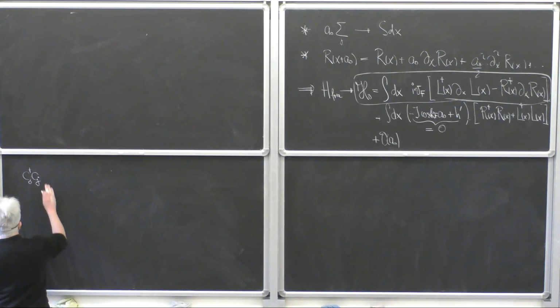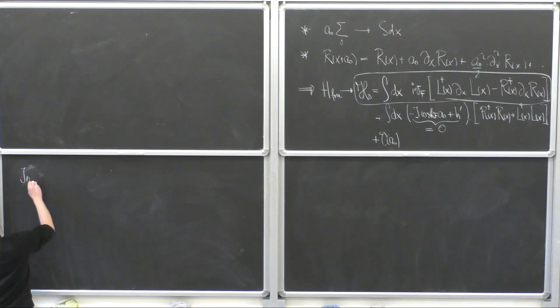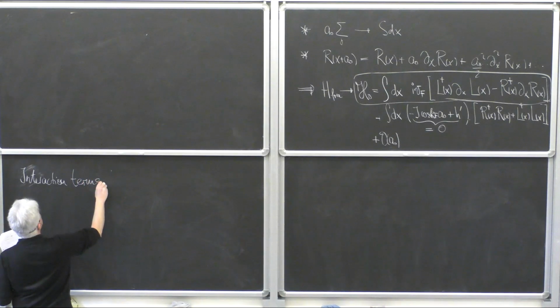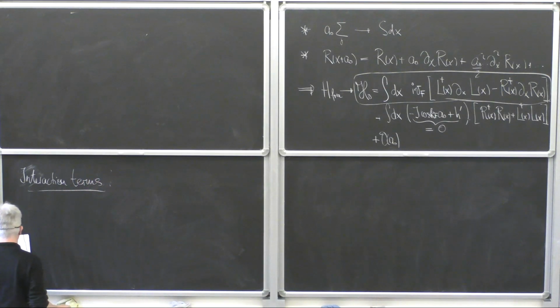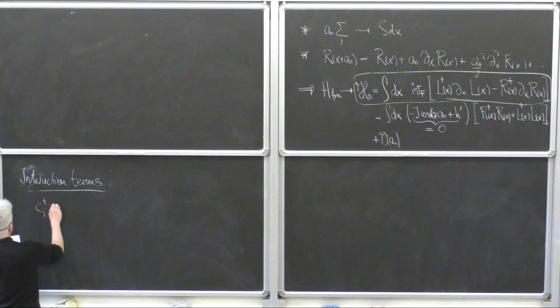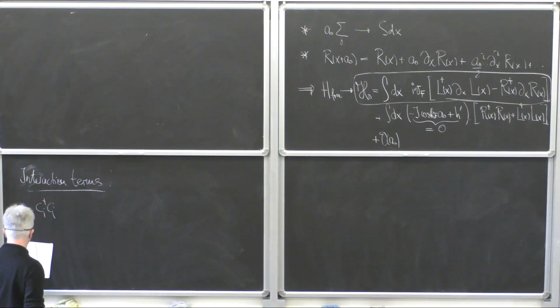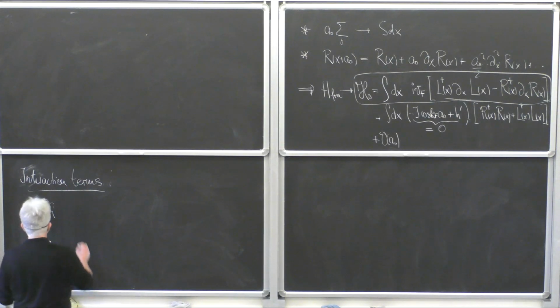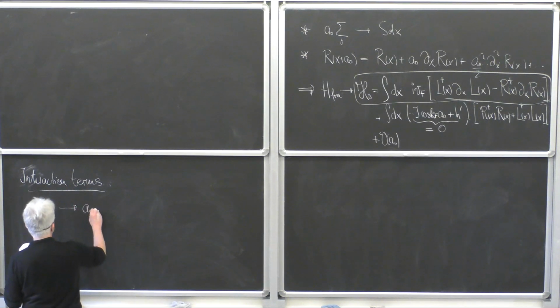Now, in order to do the interaction terms, let's look at this C dagger j, C j. This goes to something like a naught.